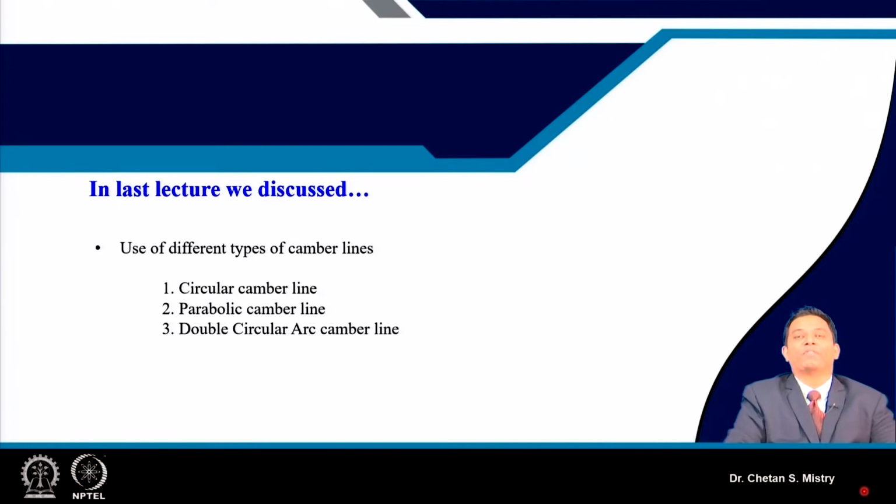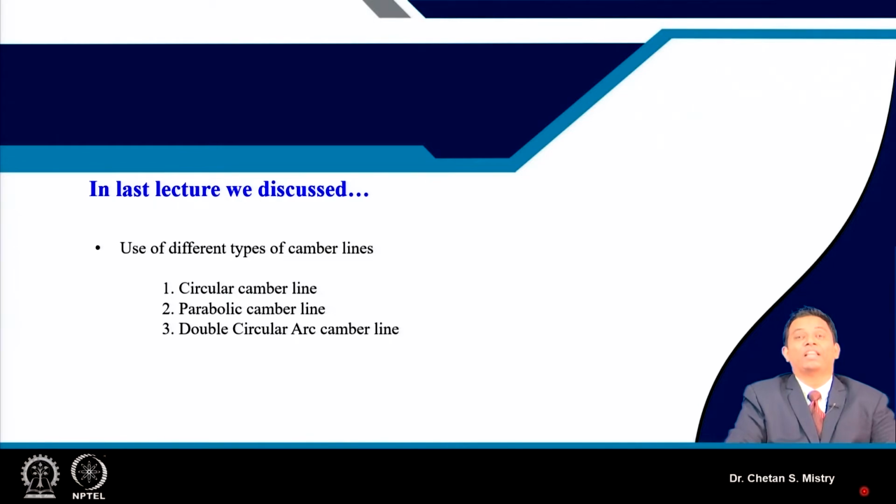Later on, as per our requirement and expectation, we modify these camber lines, and we have shown our own example of what modifications we made, initially with the circular camber line and later with the double circular arc camber line.